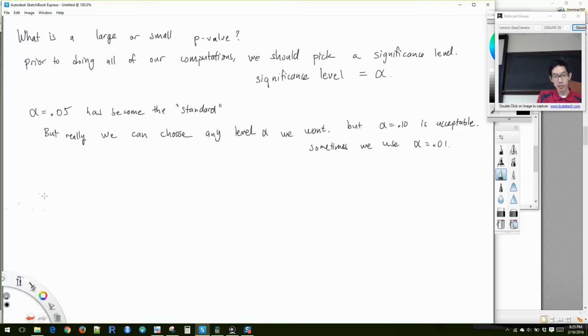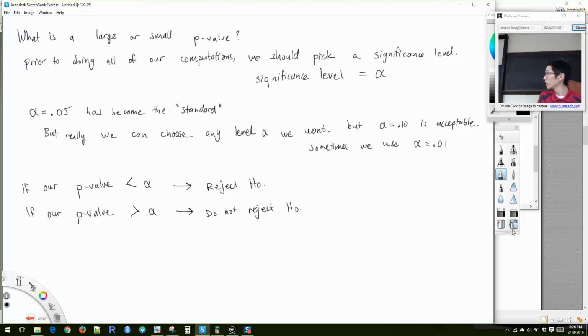And so our decision criteria is: if our p-value is less than alpha, we reject the null hypothesis. And if our p-value is greater than alpha, we do not reject the null hypothesis.